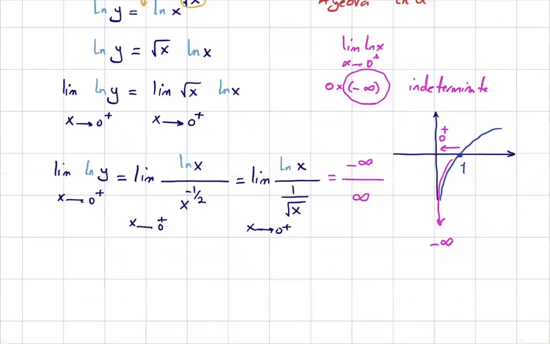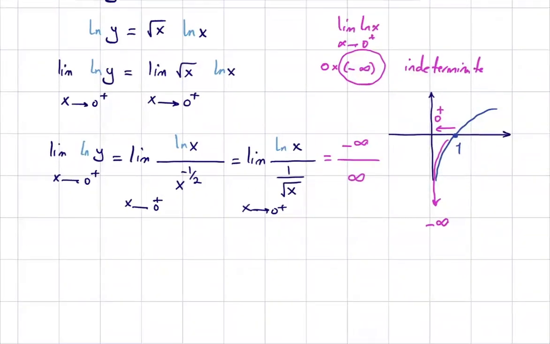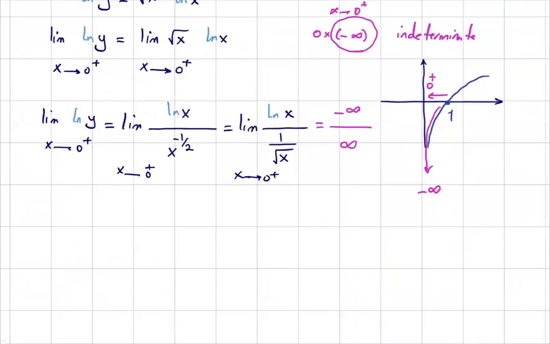You can analyze the behavior of the graph of 1 over square root of x as well. It's not very difficult to see that. Your graph is a little bit similar to what you saw in algebra as a reciprocal function.